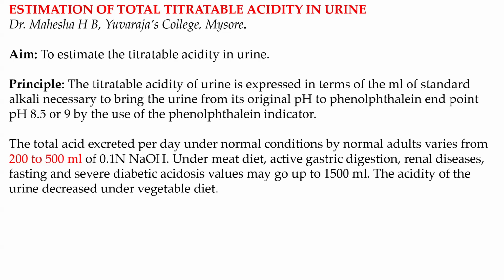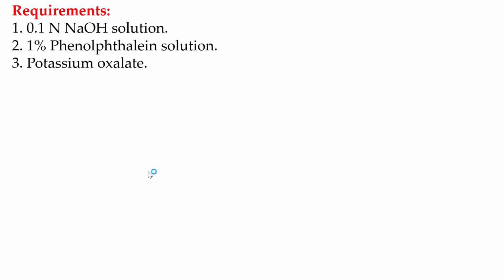So one of the major important things that we should understand is that there are some diets or conditions that can actually lead to an increase in the total acids.